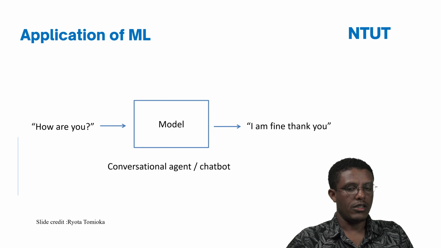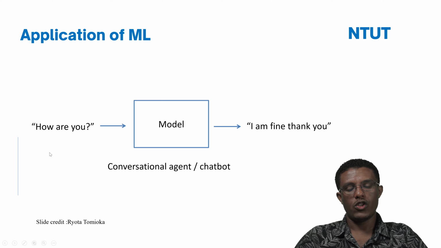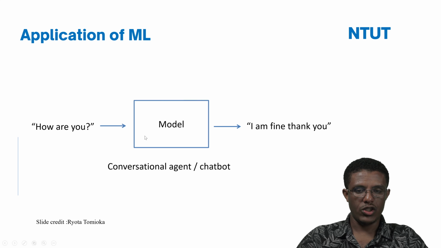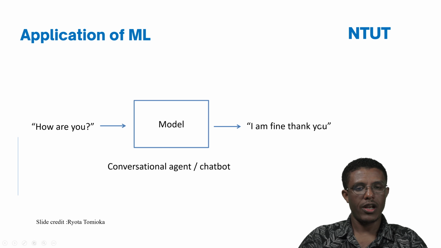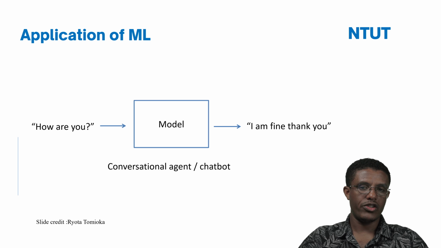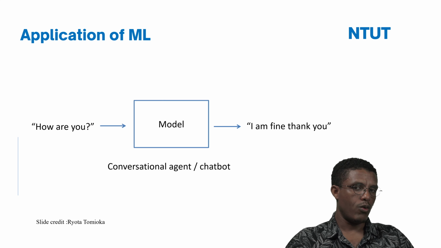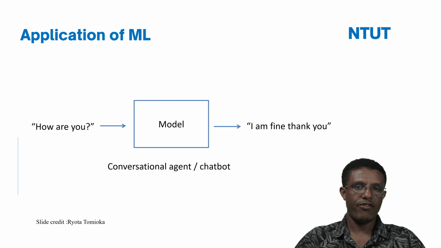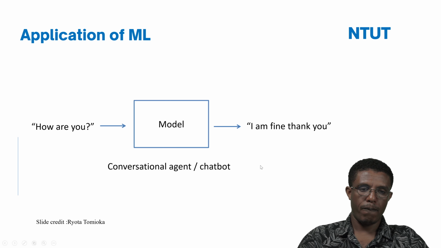That's called a chatbot. For example, here it shows that the user can ask, how are you, and that is input into the model or the chatbot, and then the chatbot or the model replies, I am fine and thank you. So it acts like a human being and replies to the user's questions. This is also one application of machine learning that's widely implemented in different areas recently.